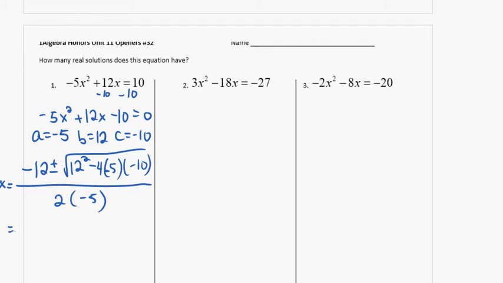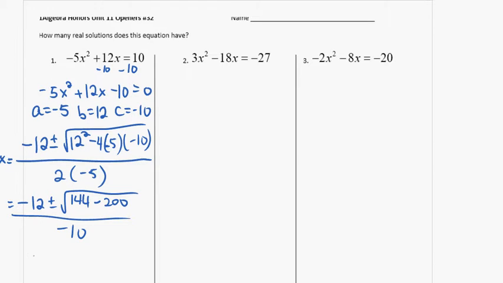So simplifying this, I get minus 12 plus and minus the square root of 144 minus 200, all over negative 10.